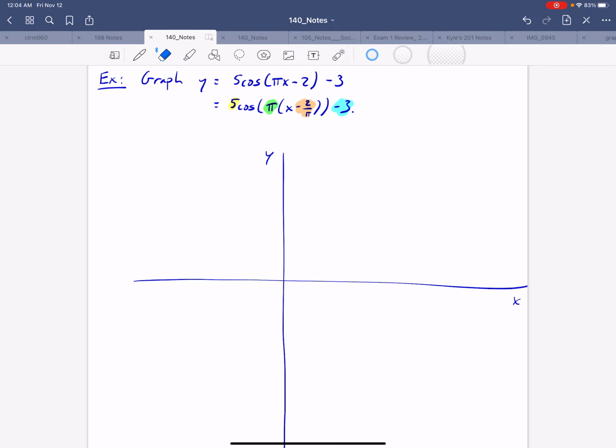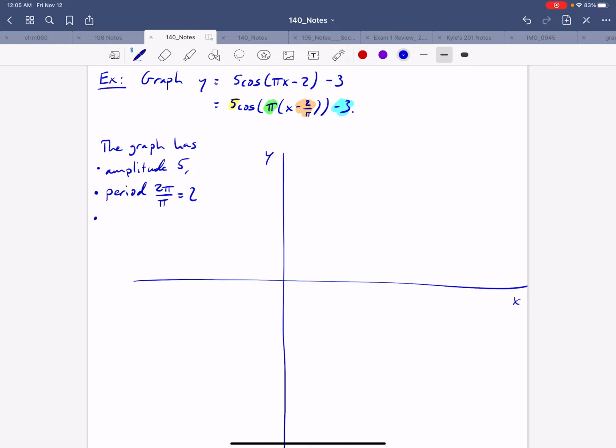Maybe it would even be best if we wrote down all these properties. The graph has, maybe I'll just make bullet points, amplitude 5, period 2 pi over pi, which is 2. It's a little bit different, right? I'm not used to seeing that, but it's just a nice whole number, 2.